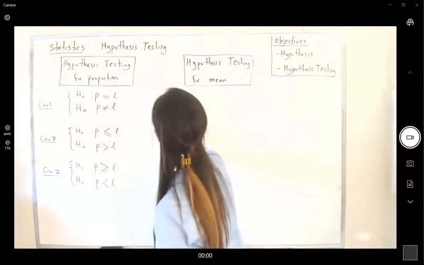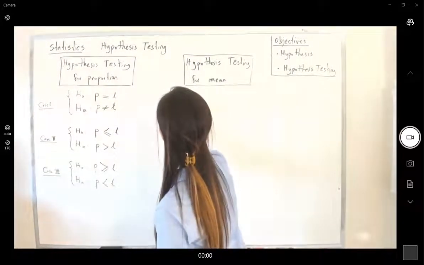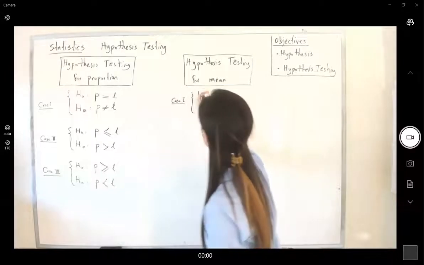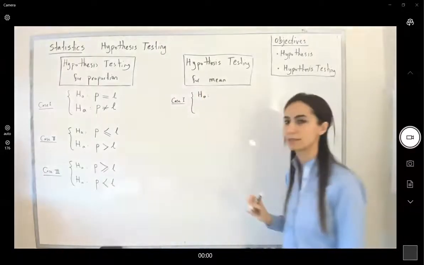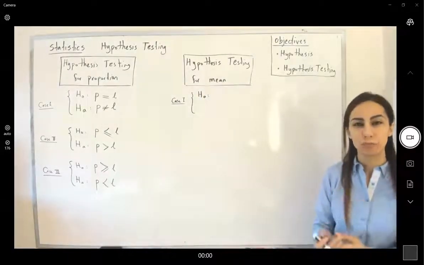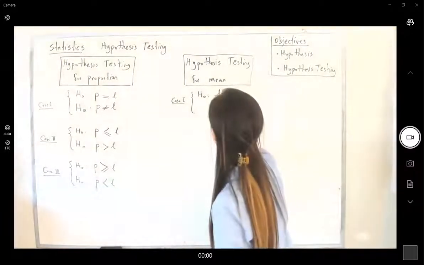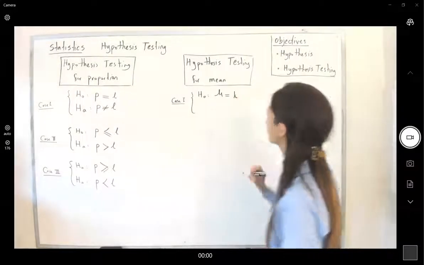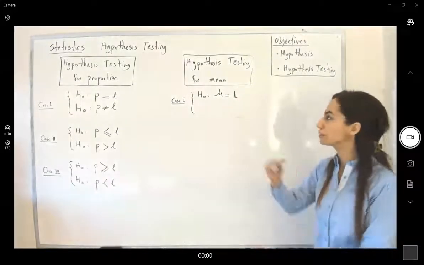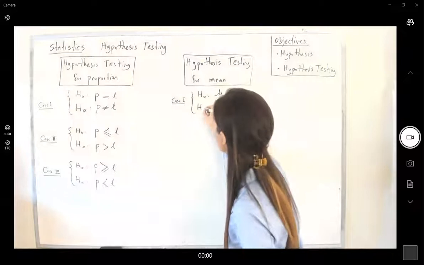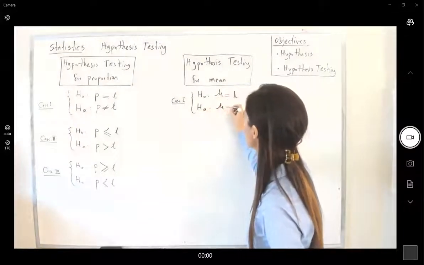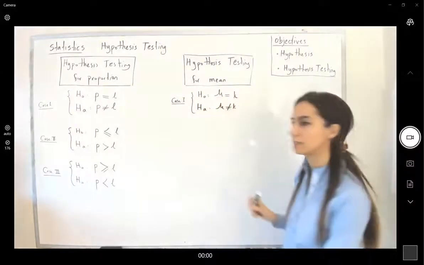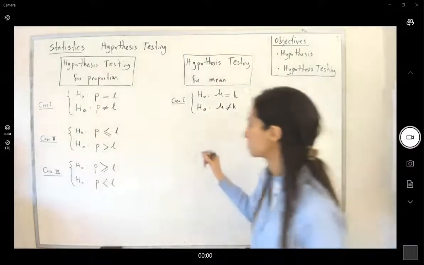The mathematical symbol that we're going to use for the population mean, remember, is denoted by the Greek letter mu. So our case 1, the very first case, is: the null hypothesis says the population mean mu is equal to a number like k. Its complement, the alternative hypothesis, says the population mean is not the same as k.